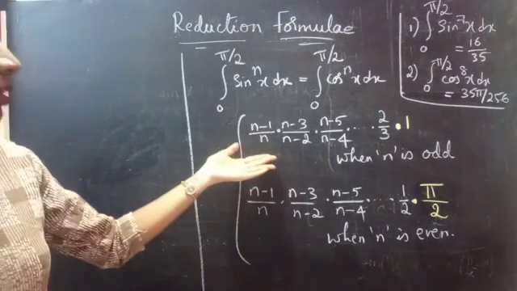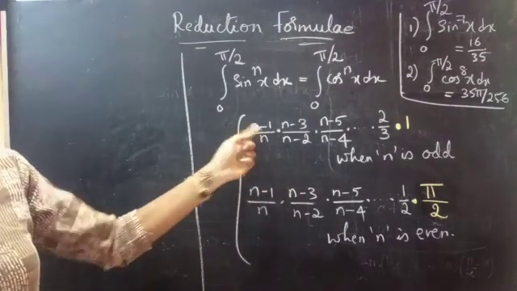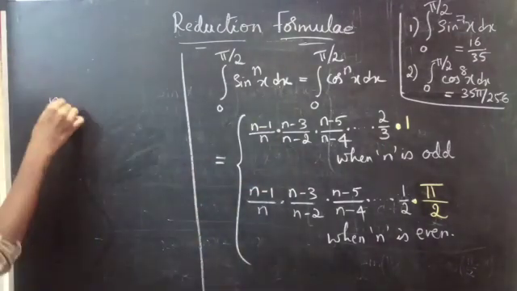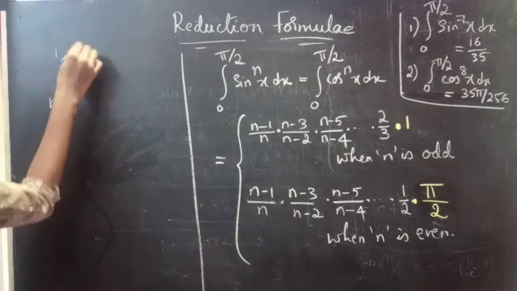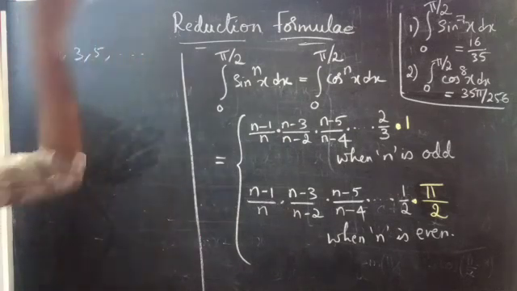In the numerator, you subtract from n the odd numbers 1, 3, 5 and so on.